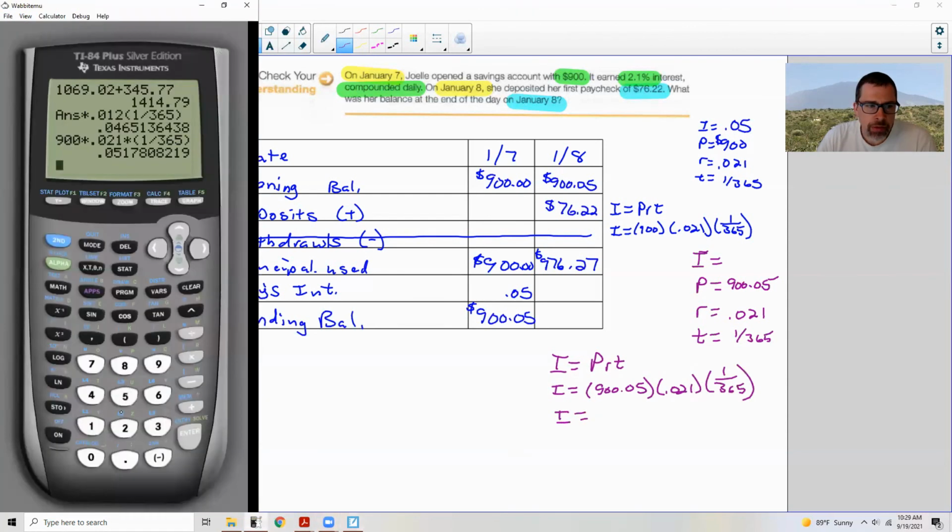My calculator, clear. 900.05 times 0.021 times 1 divide 365. Okay, got that? Hit enter. And again, it's 5.17 cents. It's just 5 cents. We'll round to the penny.